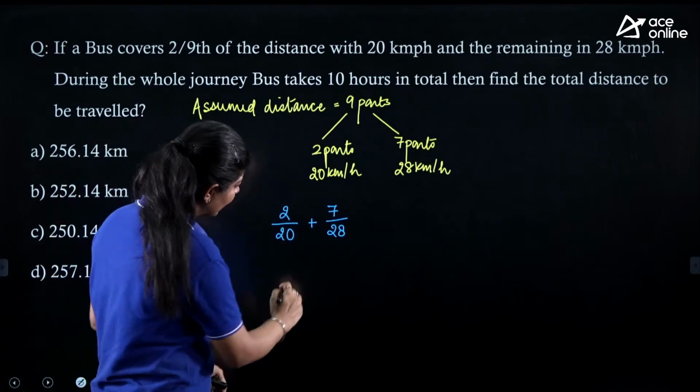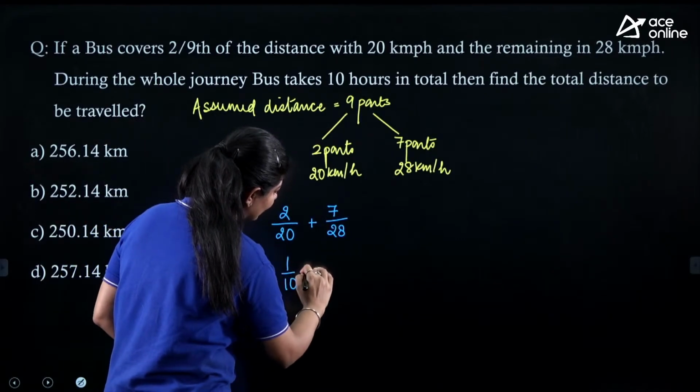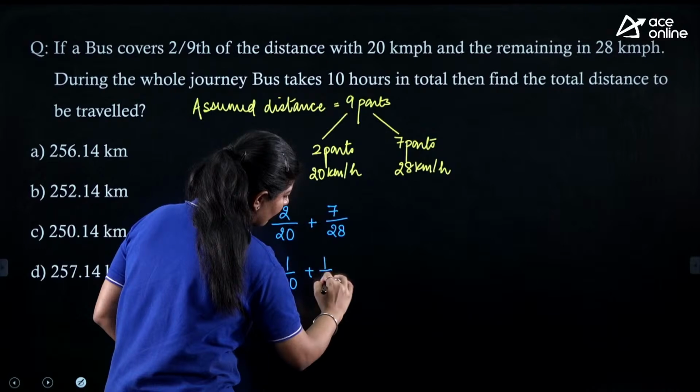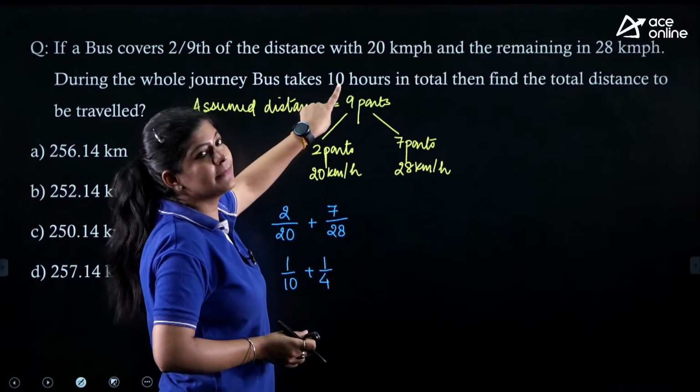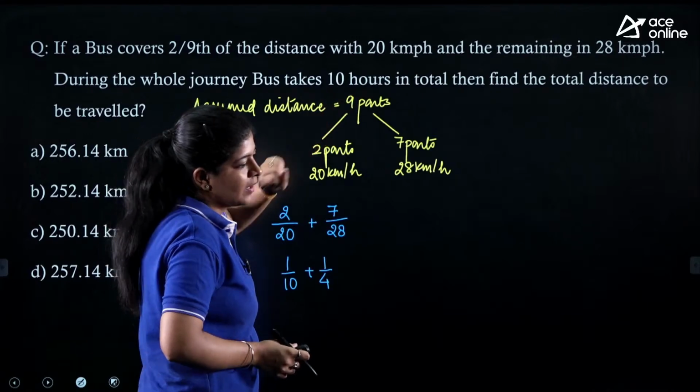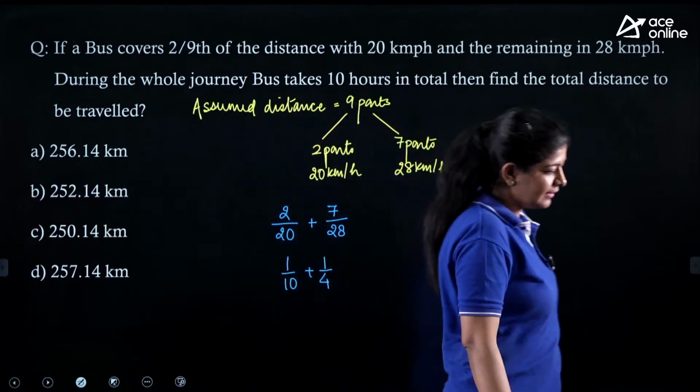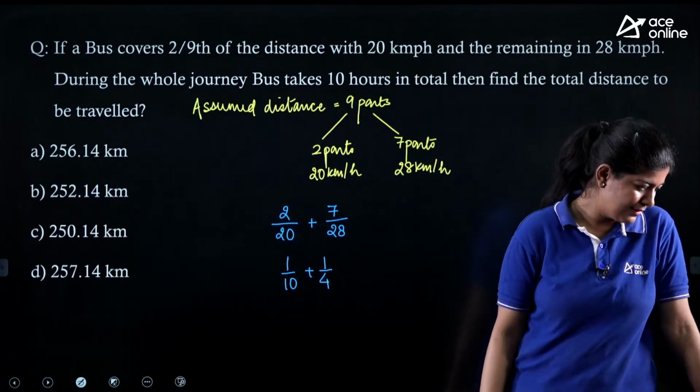Now this fraction can be written as 1/10 and this fraction can be written as 1/4. According to the question, the whole journey is completed in the time period of 10 hours, right?